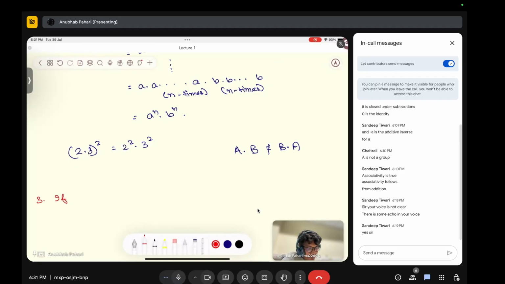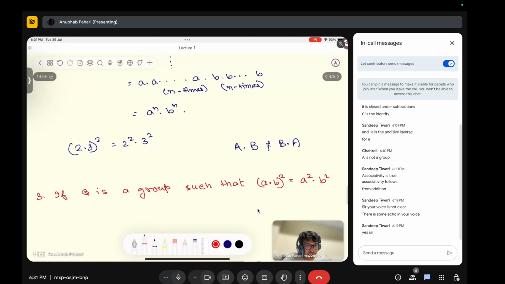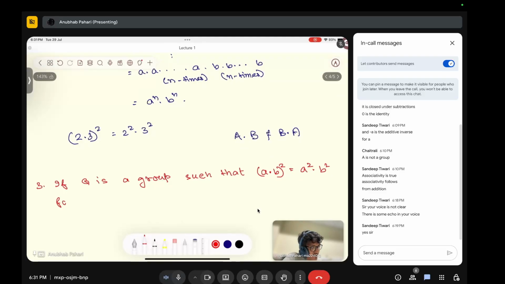If G is a group such that (a dot b) squared equals a squared dot b squared for all a, b belonging to G, then G must be abelian. Now this is fun, right?